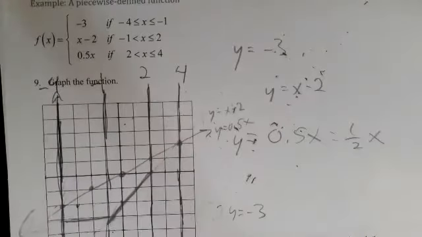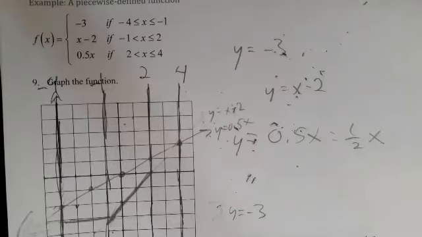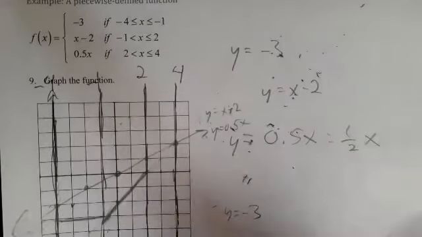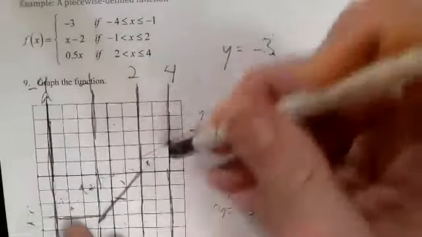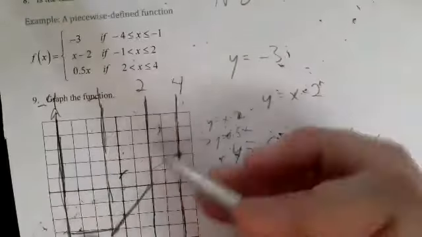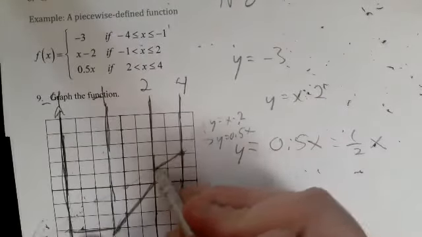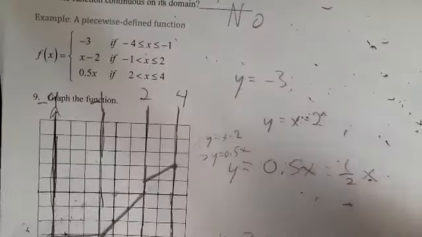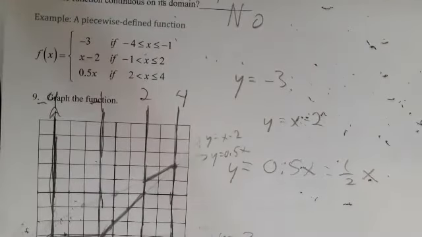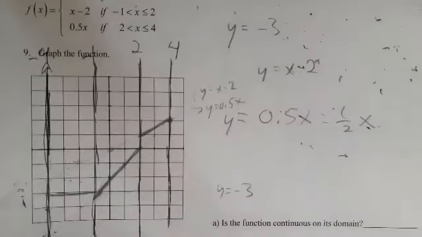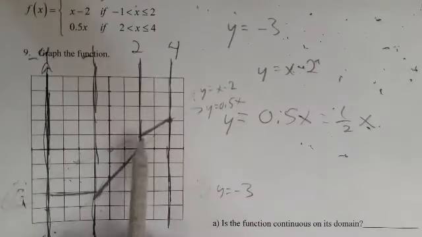And the last part is the 0.5x graph, but I only want it from 2 to 4, so I'm erasing it. So I have my segments that I need. I need this segment, this segment, and this segment.